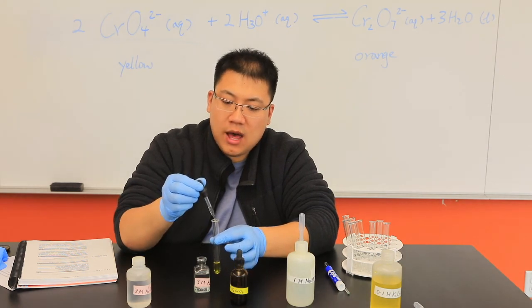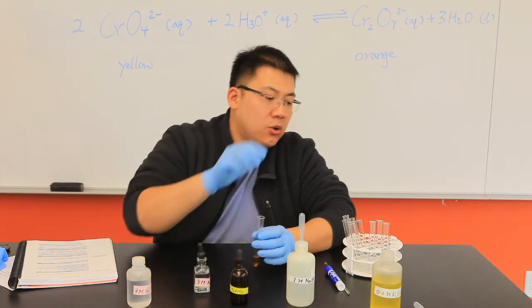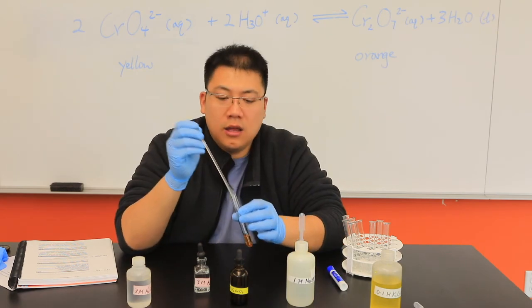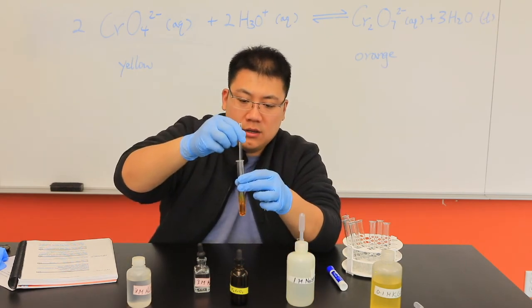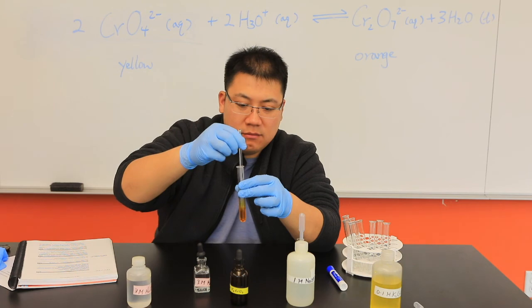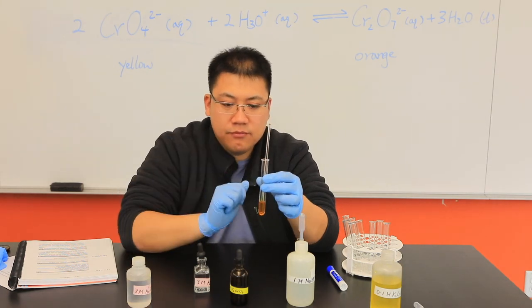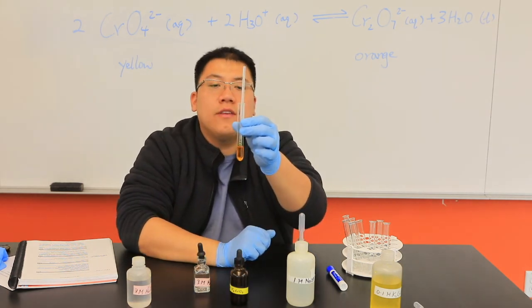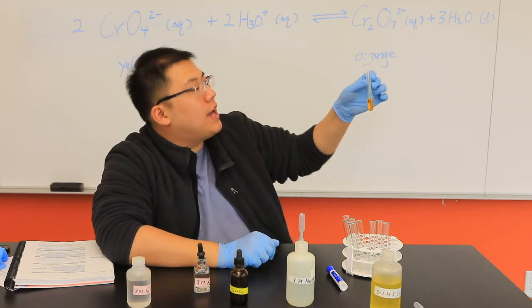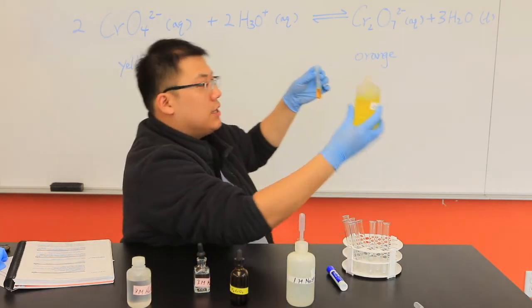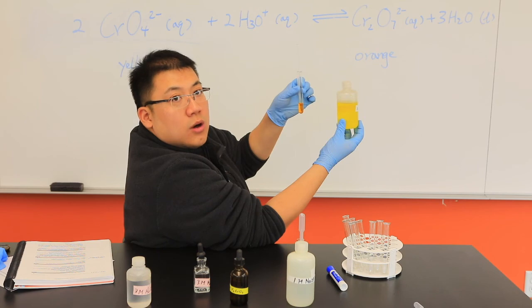So I'm just going to add a couple drops, then use a clean glass rod to mix it. As you can see, the color of the reaction changed from yellow to orange.